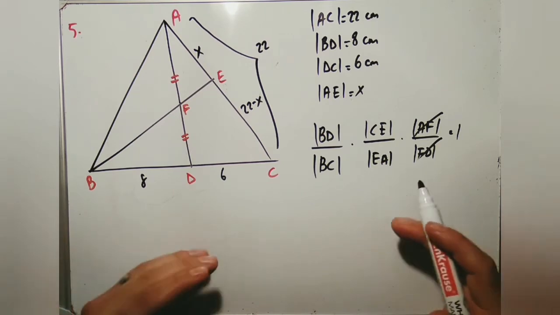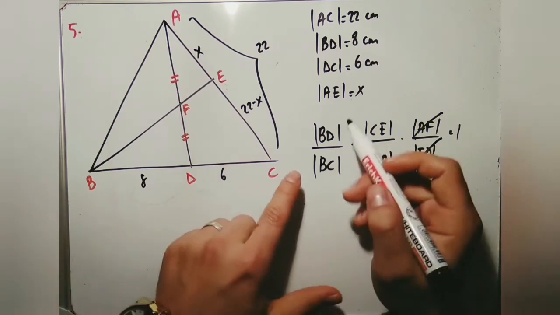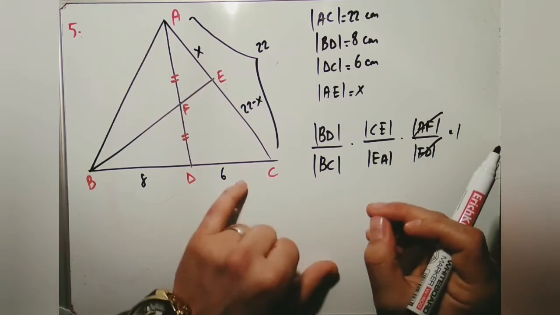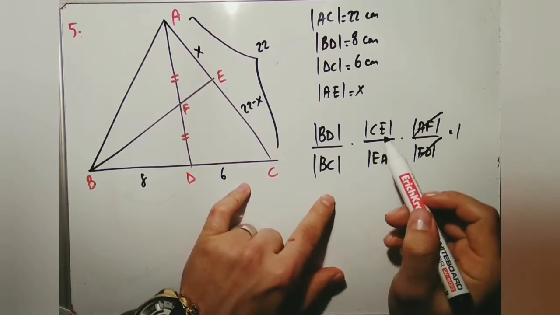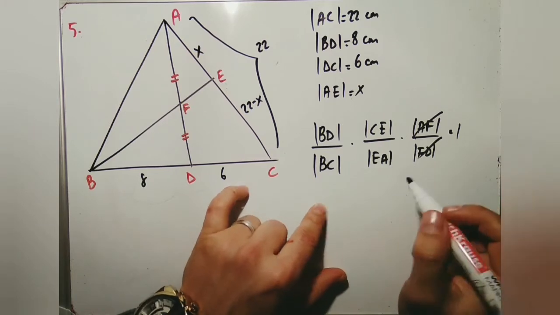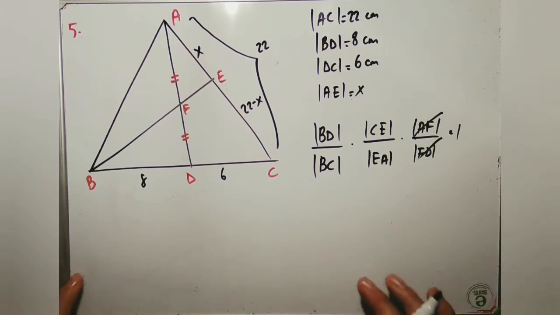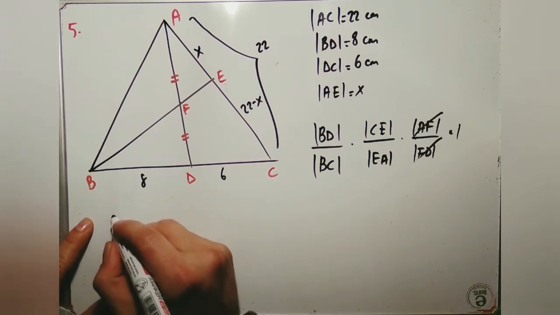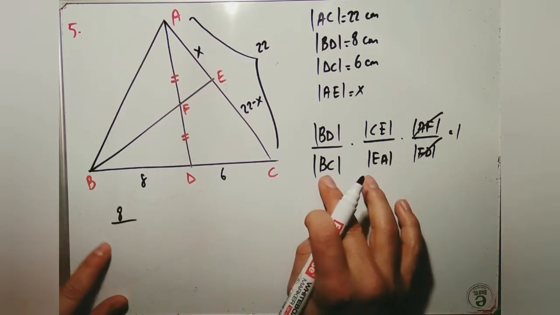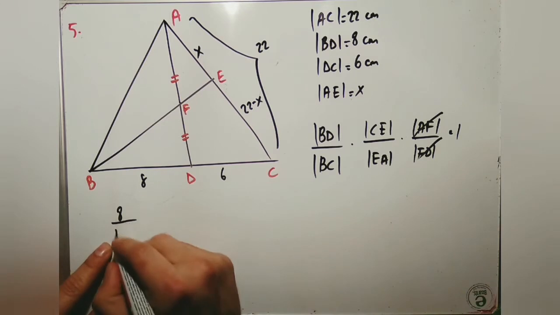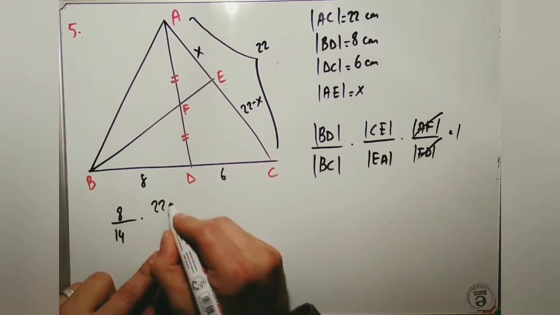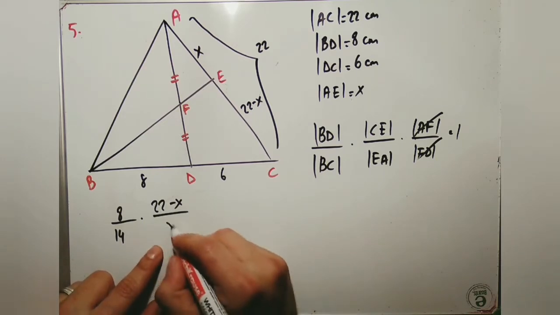So all you need to do is write in the place of BD 8, for BC 14, for CE 22 minus x, for EA just x. So it's going to be 8 over 8 plus 6, which is 14, times CE, which is 22 minus x, over x, is equal to 1.